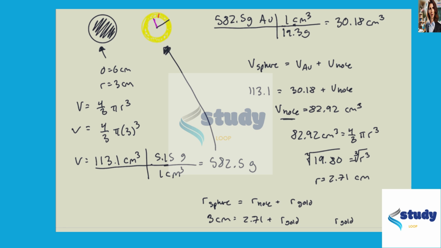And r of gold is going to be its thickness. So 3 minus 2.71 comes out to 0.29 centimeters. And here we want to round it to 2 sig figs, which we've done. So that's how you solve for the thickness of the gold layer.